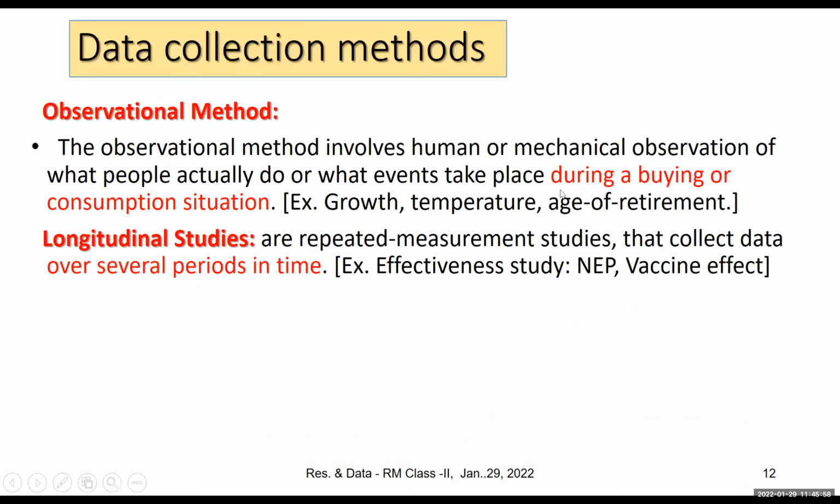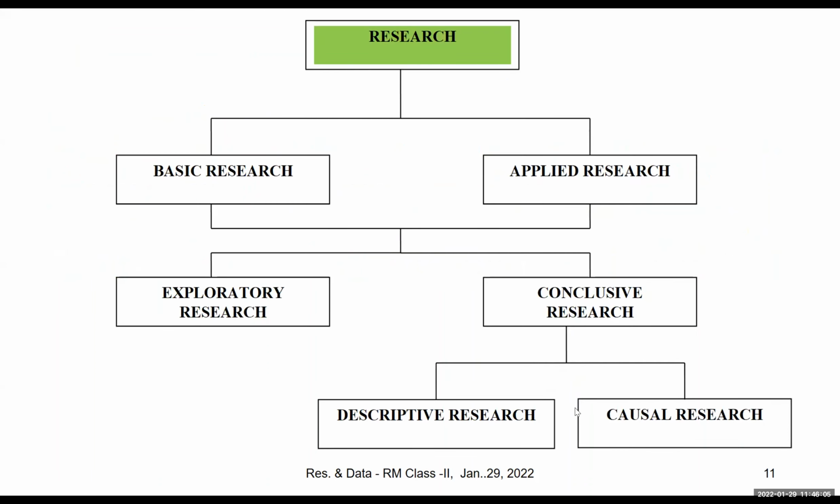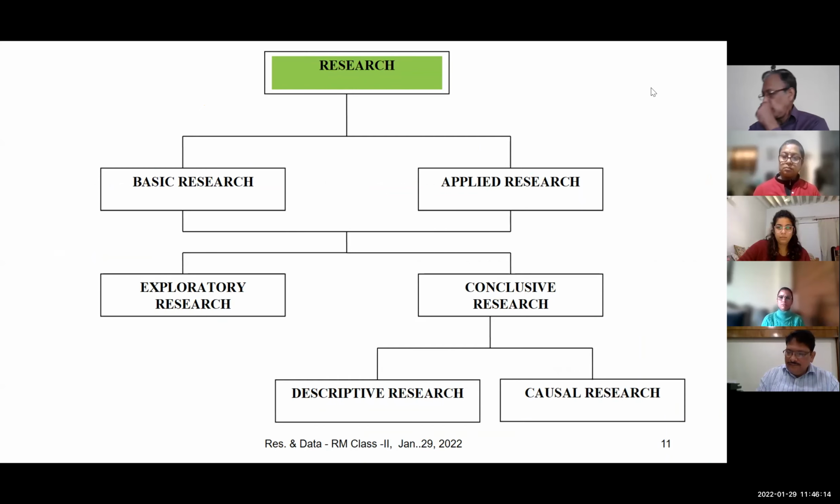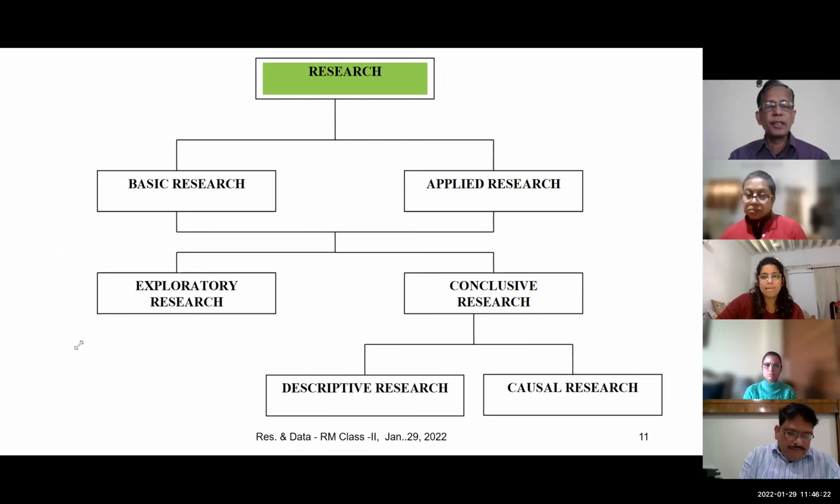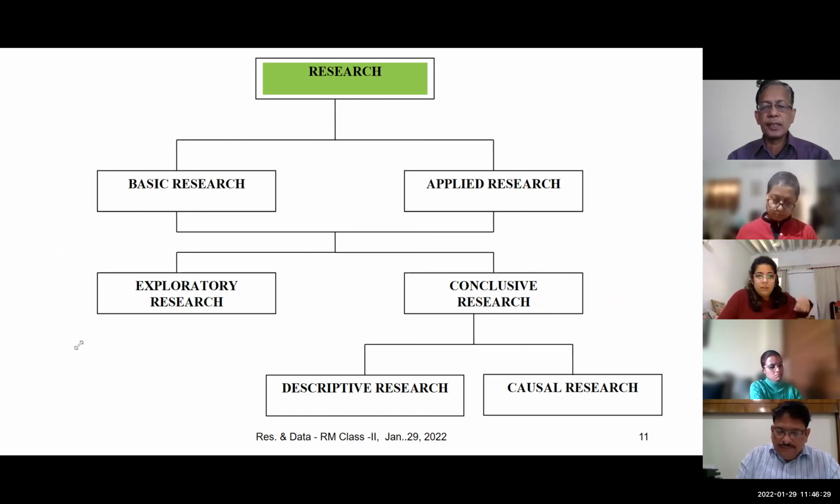Sorry, sir, on the previous slide, what's the difference between the last two boxes? Descriptive research and causal research. If you just want to describe, say, the way the COVID vaccination program was handled, it could be part of descriptive research.